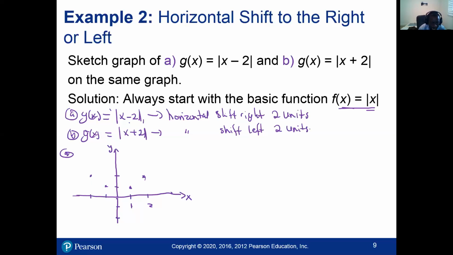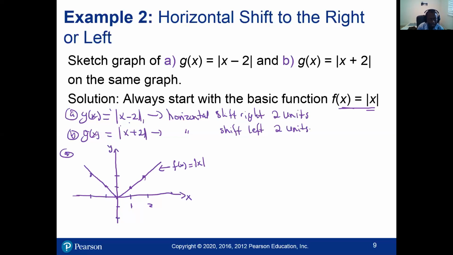So we take a straight edge, and then we draw a straight line down to this point. And then here too, we have a straight line joining this point, going that way. So this is f of x is equal to absolute value of x.